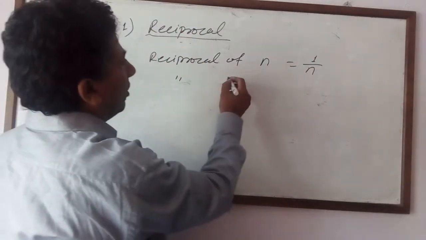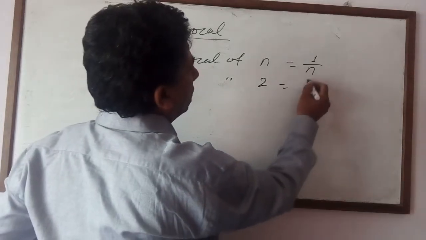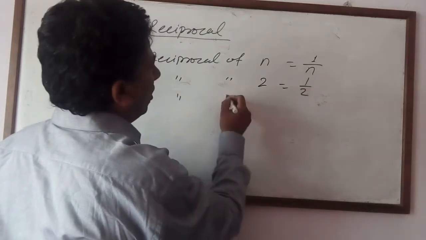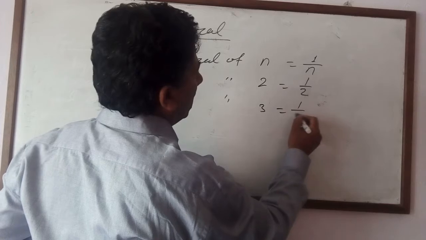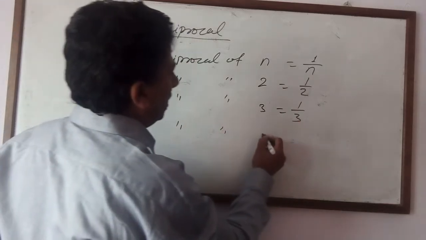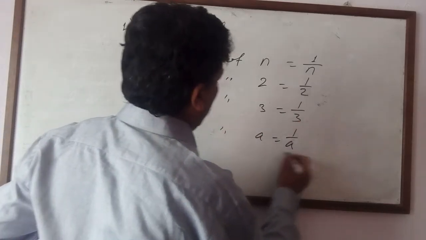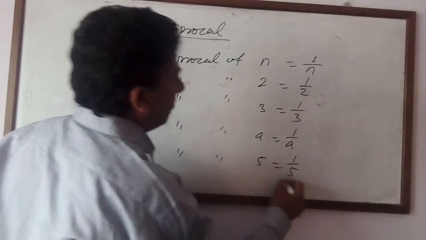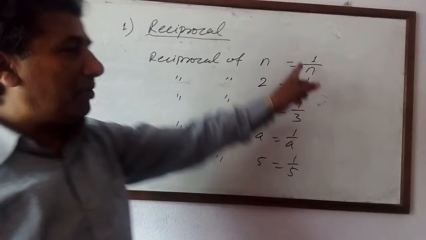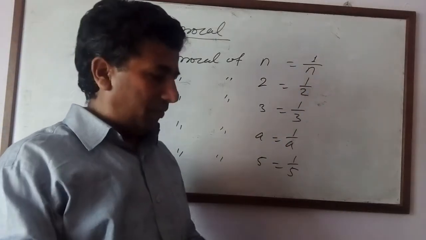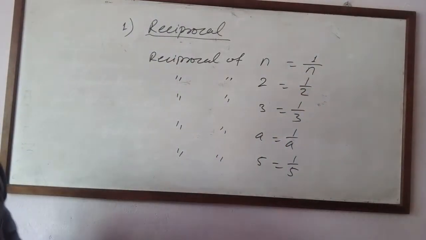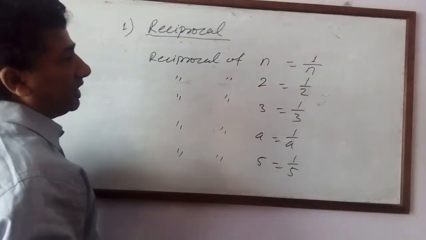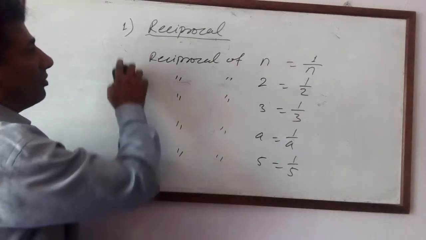Example, the reciprocal of 2 is 1 by 2. Reciprocal of 3 is 1 by 3. Reciprocal of a is 1 by a. Reciprocal of 5 is 1 by 5. Like this, reciprocal means this one. This is the meaning of reciprocal. This type of relation I am going to prove.